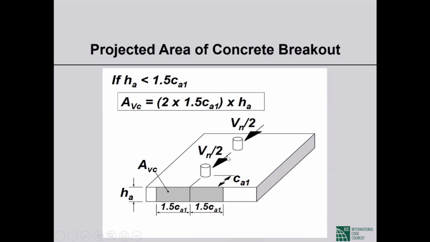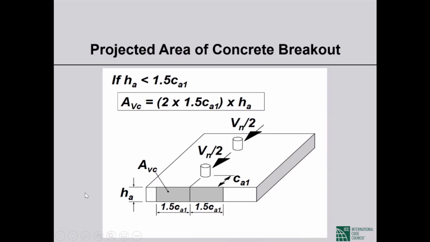So this anchor gets half the shear applied to the group, and it breaks out. The edge distance is C sub A1. So the distance that breaks out this way is 1.5 C sub A1, that way 1.5 C sub A1, and this is H sub A. So A sub B is 2 times 1.5 C sub A1 times the depth.